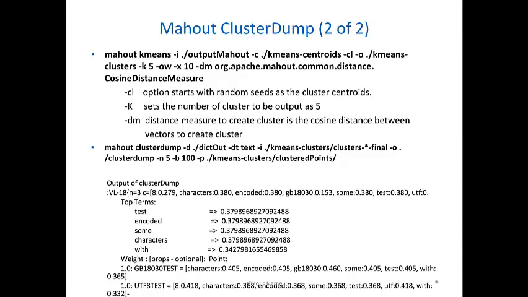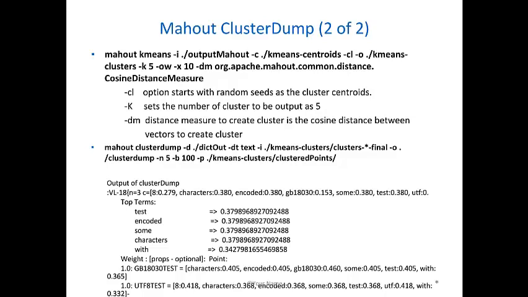Once we run this command, the output is in a binary format. So we run another command on top of that to basically get the output in text format. That is the cluster dump command. Now, once we have this, this is a big step forward because we have converted Lucene Solr term vectors into readable cluster information generated by Mahout.